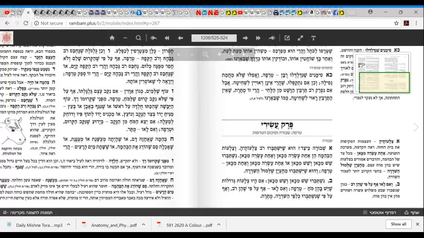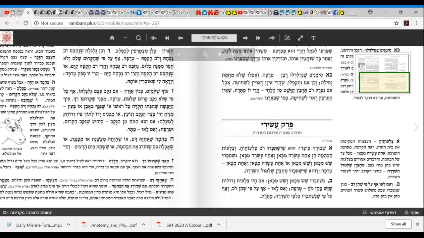I understand the moah here to be referring to the sternum, and that the sela'ot gedolot are referring to the ribs, as opposed to sela'ot ketanot, which would be referring not to ribs, but rather to the protrusions that come out of the lower vertebrae.